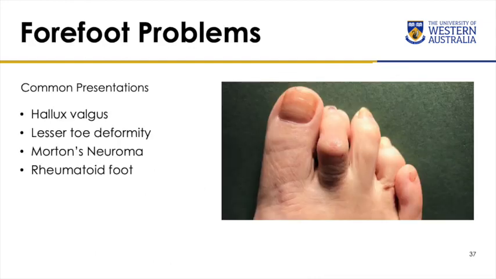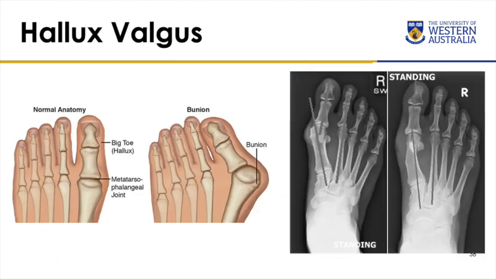We will now look at some forefoot problems. Some of the common presentations that we see are hallux valgus, lesser toe deformity, Morton's neuroma, and the rheumatoid foot. Briefly, hallux valgus is a complex deformity of the forefoot, in particular the first ray, as pictured here.